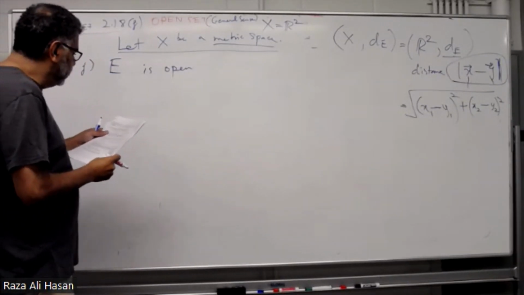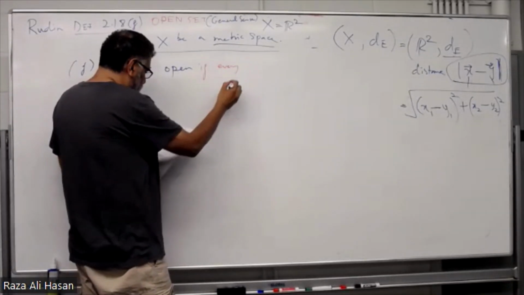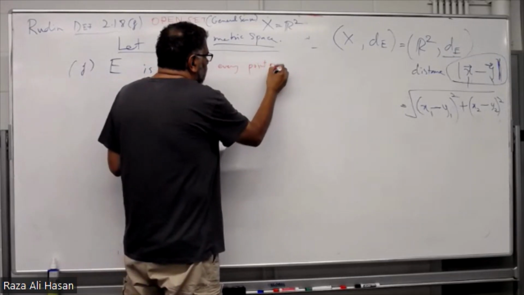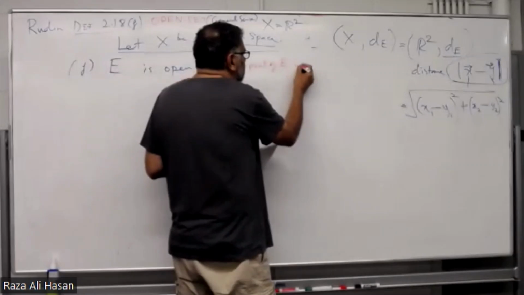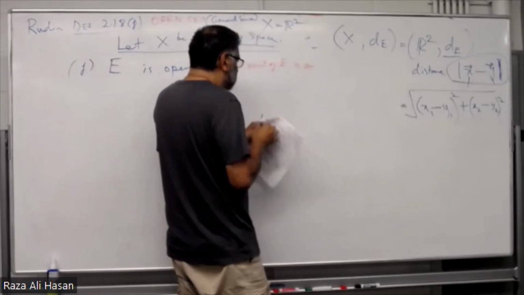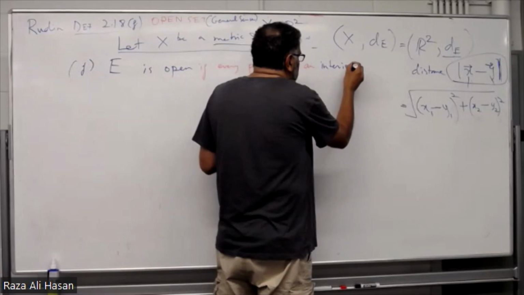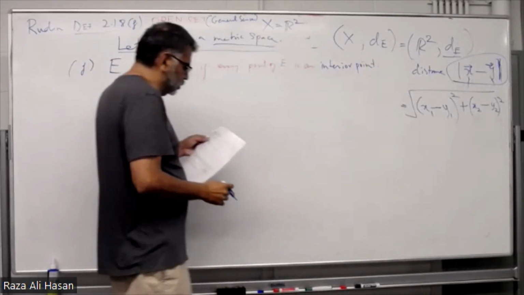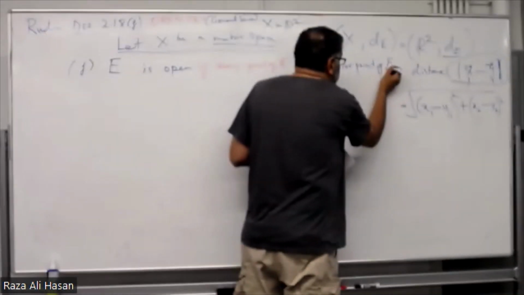E is open if every point of E is an interior point of E. That is the key deal here.